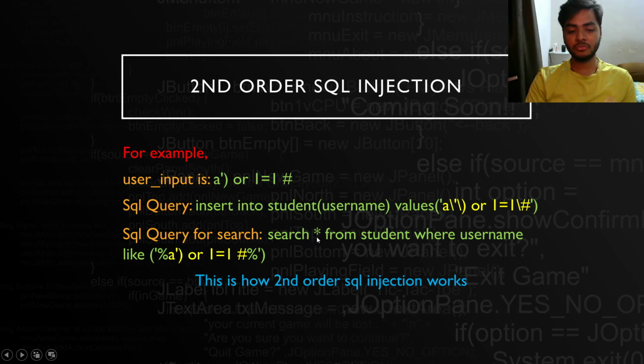During search, if I search with a username, the query is SELECT everything FROM student WHERE username LIKE quote, bracket close, the query is closed, OR 1 is equal to 1, then hash, and hash means everything after that is commented. So if you search with this query, you will not get just one value, you will get all the usernames stored in the database. And this is how second order SQL injection works.